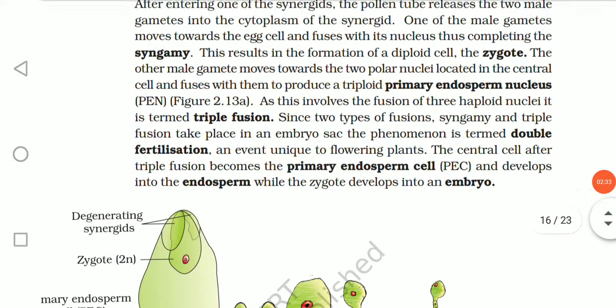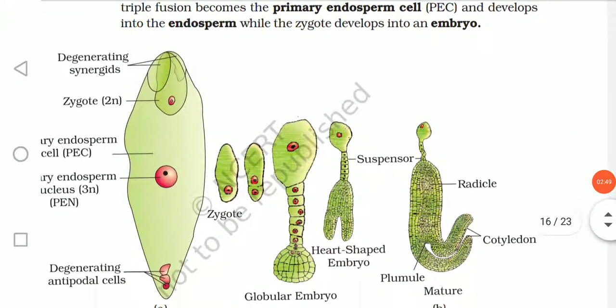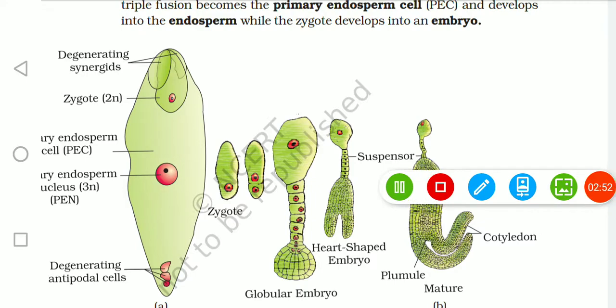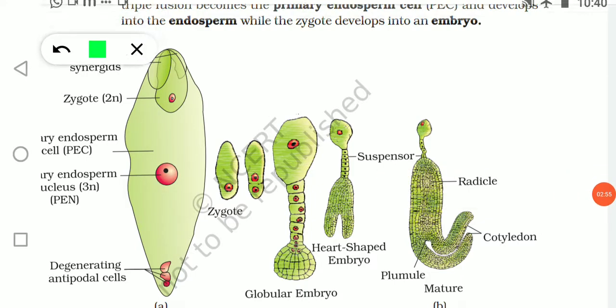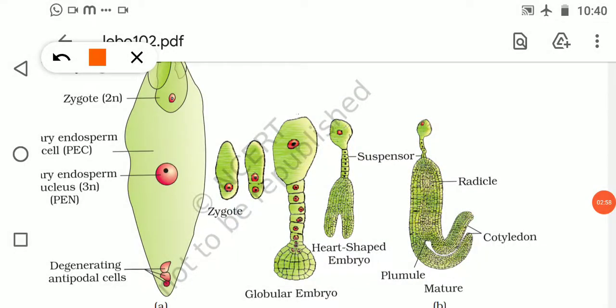Since 2 types of fusion, syngamy and triple fusion, occur, it is known as double fertilization, as I told you. Now the central cell after triple fusion will become the primary endosperm cell. So this 3N came and fused here, and this is triple fusion.